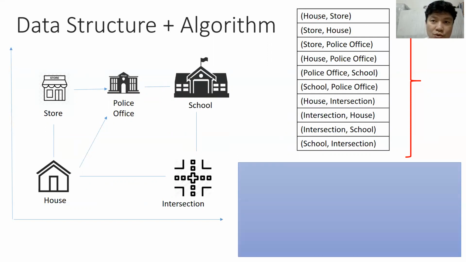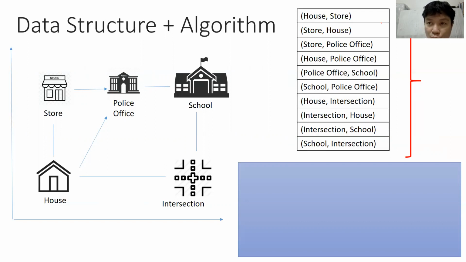Let's say from house to store. This is one way, and then you need to check store to house, which is the reverse. So maybe you don't have interest in store to house. Store to police office, this is the alternative. And then house to police office, maybe this is another route, but it's not connected.